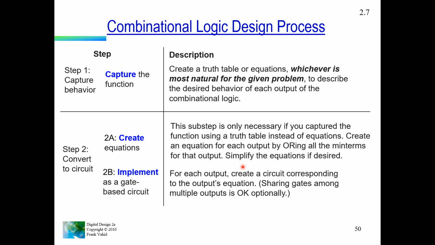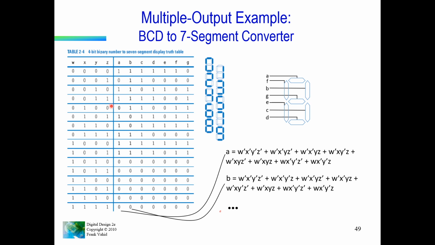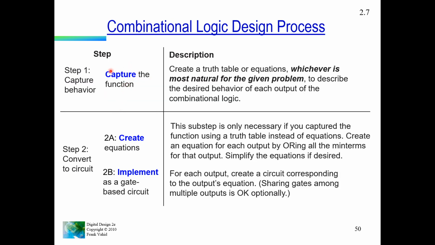So the basic design strategy is as shown in this slide. First, we capture the function desired by the problem. We can capture that function by drawing a truth table, as we did here, or we can capture that function directly by representing it as a Boolean expression.